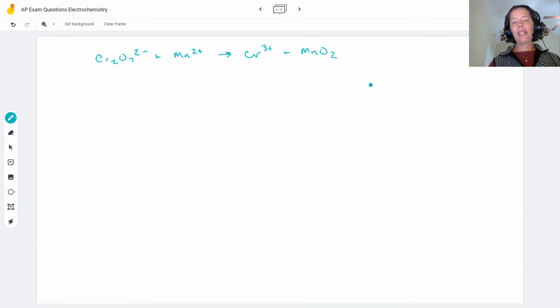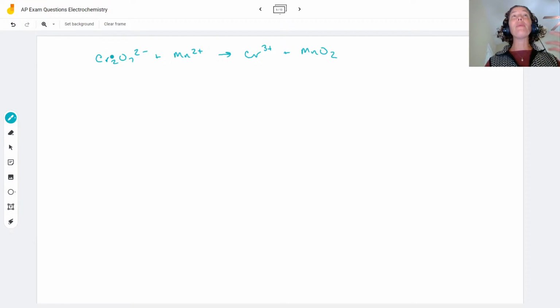All right, so we definitely have redox going on. This is not one that I can balance by inspection because I'm definitely going to have to put waters in here. And again, the easiest way is to balance it in acidic solutions. So let's go ahead and balance this equation, so that then we'll identify reduction and oxidation as well.